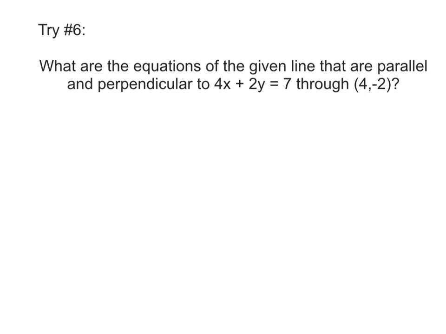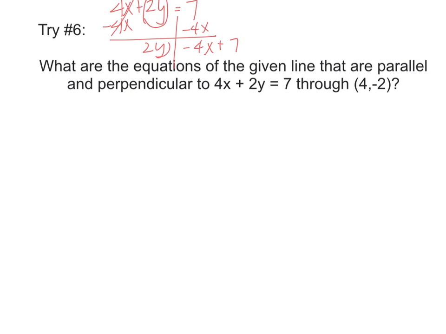So let's practice converting. If I have 4x plus 2y equal to 7, my goal, if I'm trying to do slope-intercept form, is to get y by itself. So I need to subtract 4x on both sides, and I will have that 2y is equal to, if I put it in order, negative 4x plus 7.